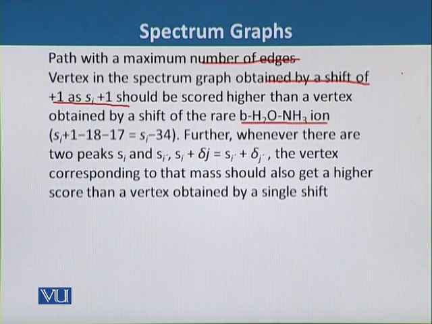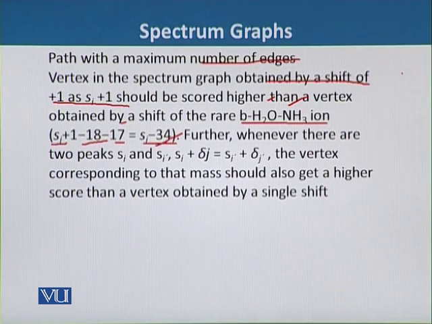And we know that the mass will be S1, 1 minus 18 is equal to minus 17, that will come out to be minus 34, because we know that 18 is the mass of the water and 17 is the mass of the ammonia, and it comes out to be 34.